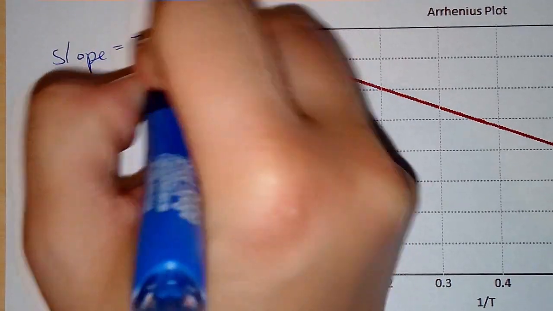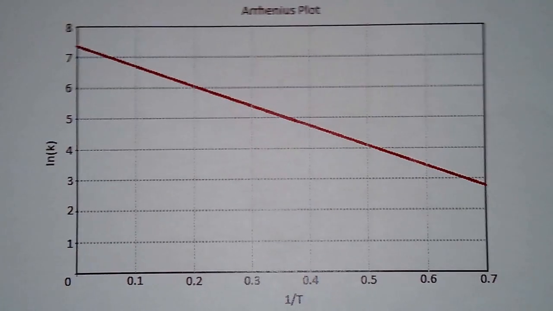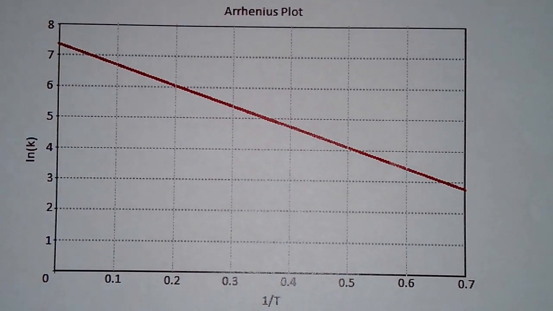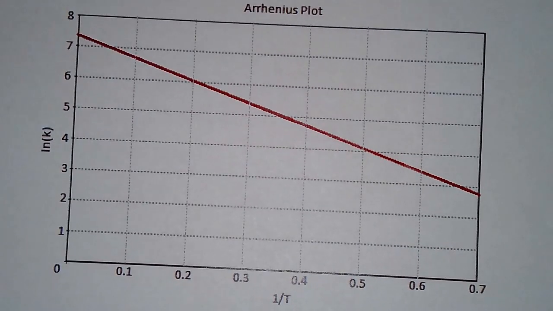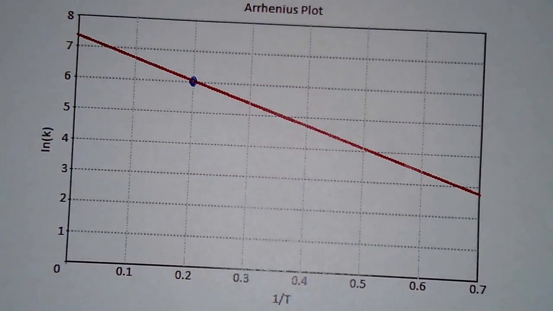So we need to pick 2 points. So we want to find some points that are going to make it easy on us. So I'm going to pick this one, and maybe this one. Alright.